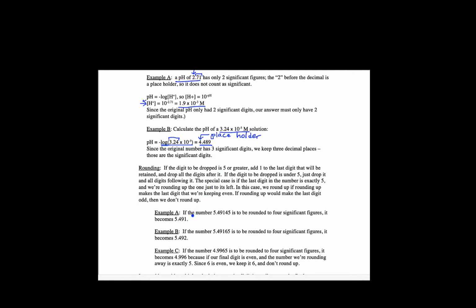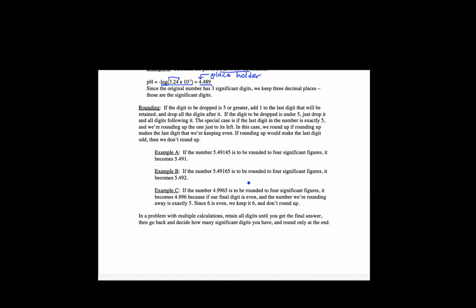Now, anytime we're doing a calculation and we're paying attention to significant digits, we're going to end up rounding things off. And most of you, I think, are already perfectly familiar with rounding, and I'm just going to go through it really quickly here because there's 1 or 2 special cases. So generally, if we have a number that's less than 5 that we're going to be rounding off, then we just round down. And if we have a number that's greater than 5, we're going to round up.